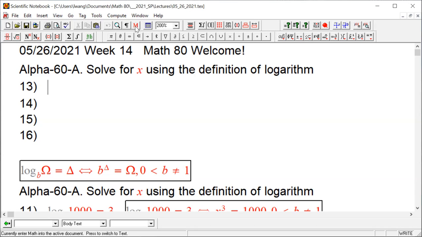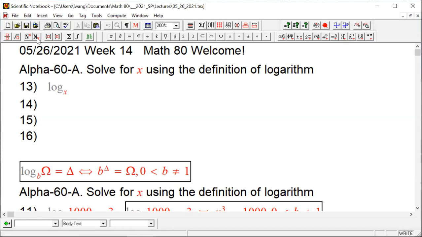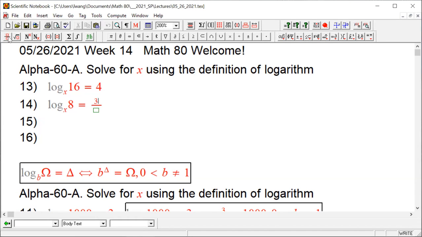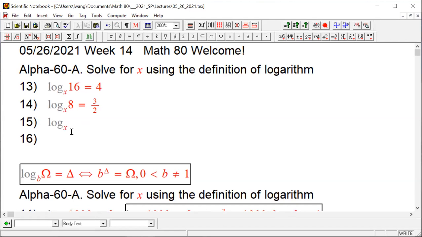13 is log base x. So all of these questions has log base x. So the base is to be found, right? And the next one is log base x of 8 equals to 3/2. Number 15, log base x of 6 equals to 1/2.